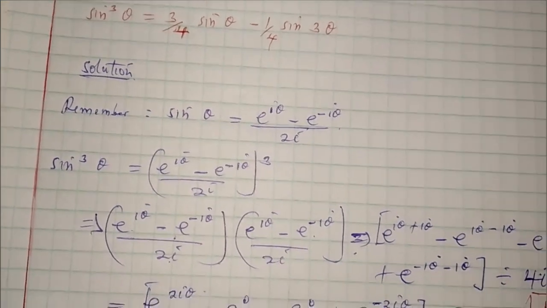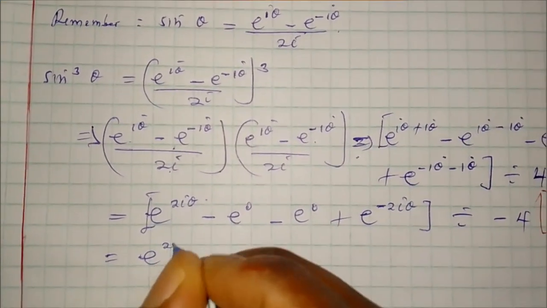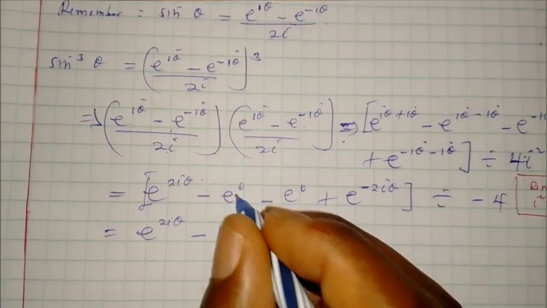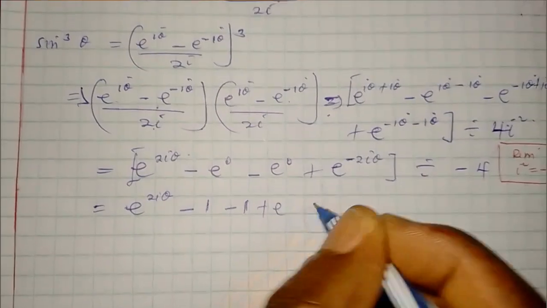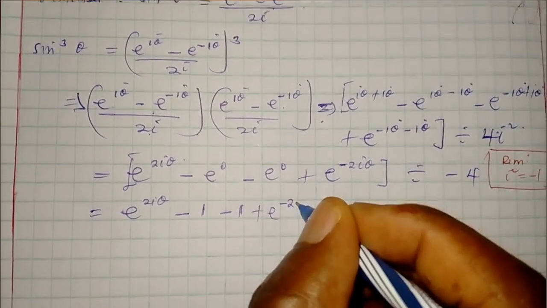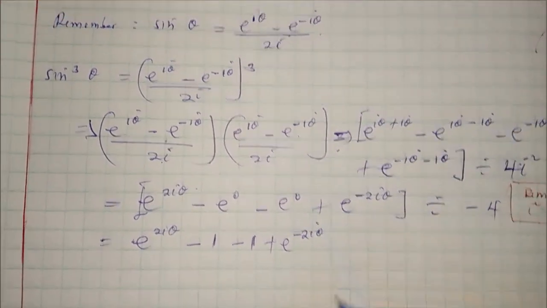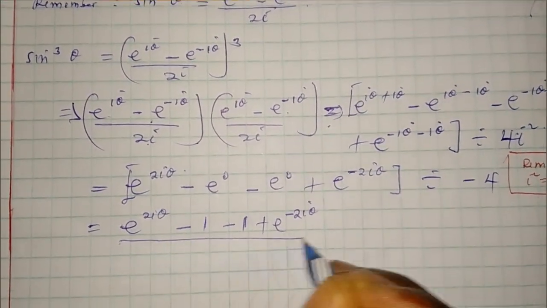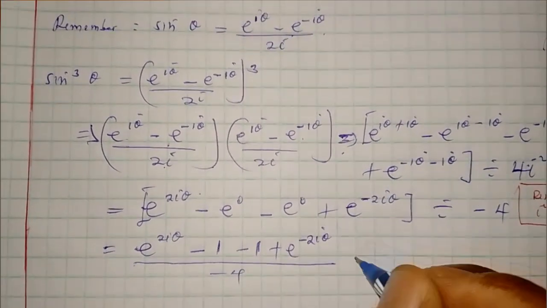Okay, so this becomes e raised to power 2i theta minus, any number raised to power 0 is equal to 1, so this 1, minus 1 plus e raised to power negative 2i theta, the whole of this divided by 4.